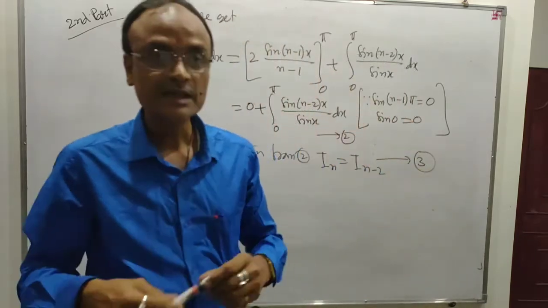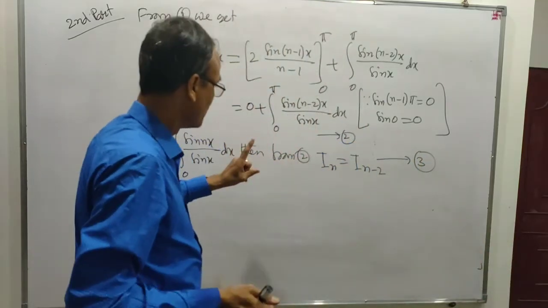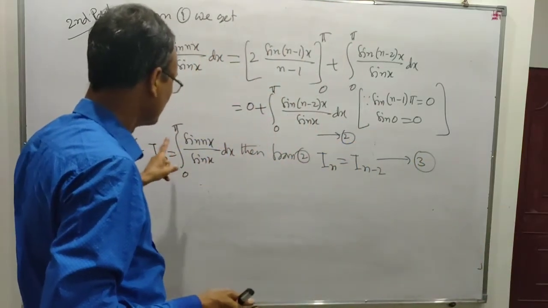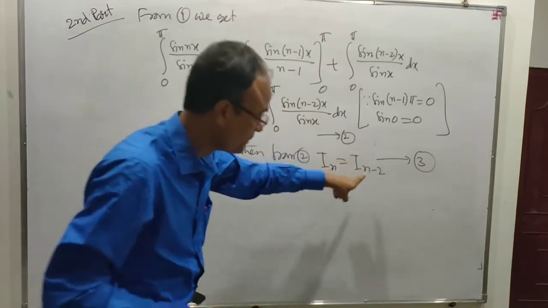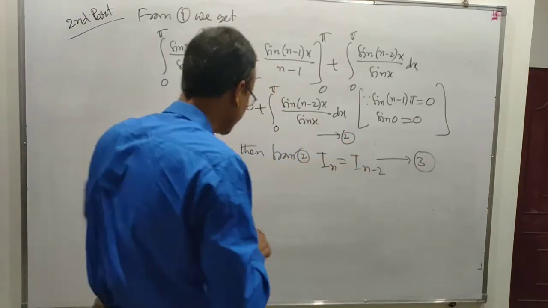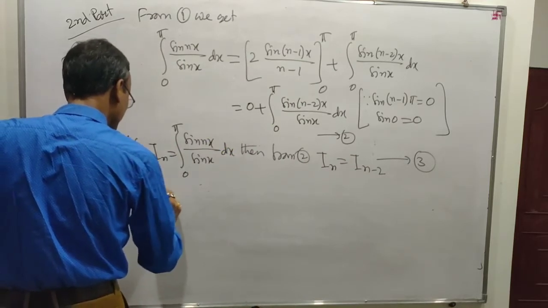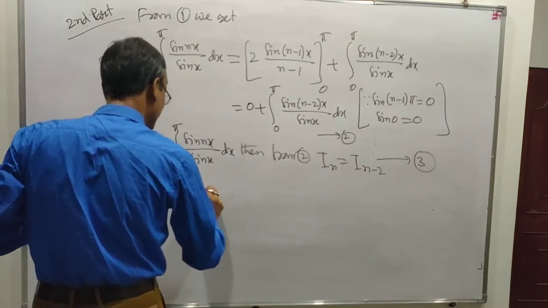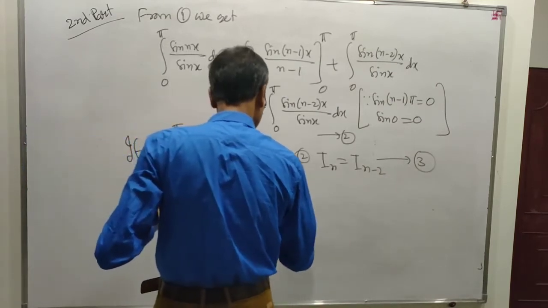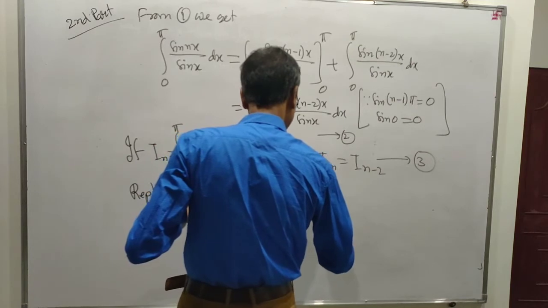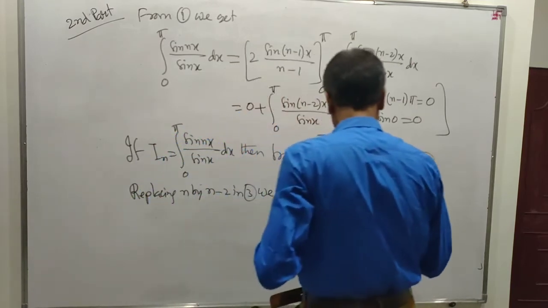I_n will be equal to I_{n-2}. Now replacing n by n minus 2 in equation 3, we get I_{n-2} will be equal to I_{n-4}.